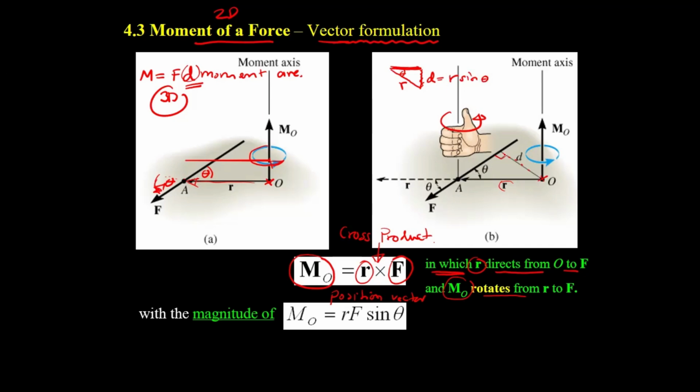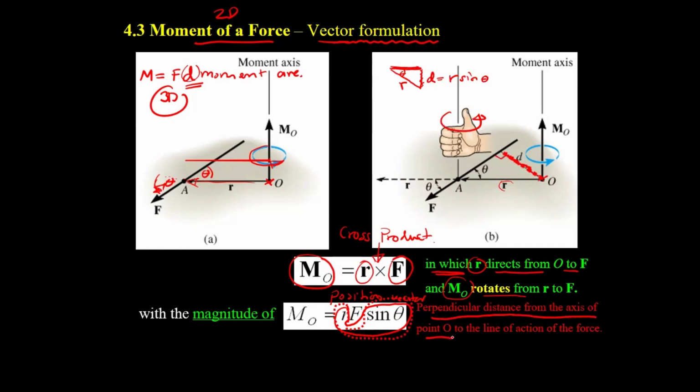The distance over here will be R sine theta. Based upon this, the magnitude of the moment about O is going to be R sine theta times the force F. That is the perpendicular distance from the axis of point O to the line of action of the force, as I show you over here.